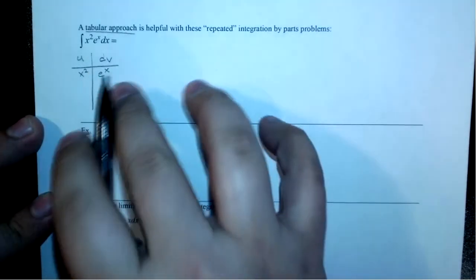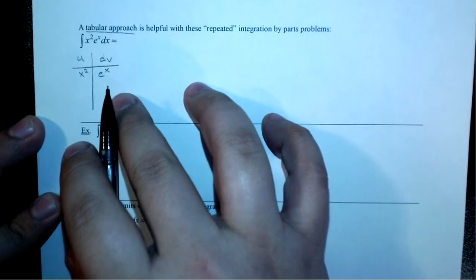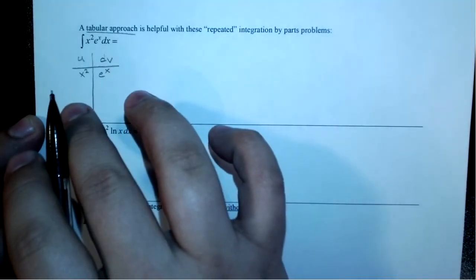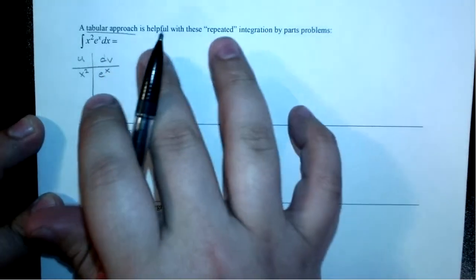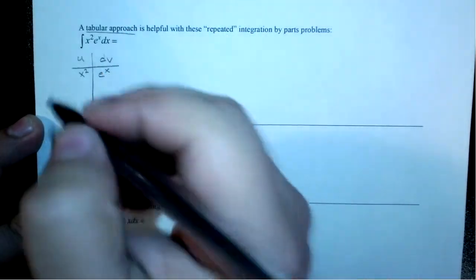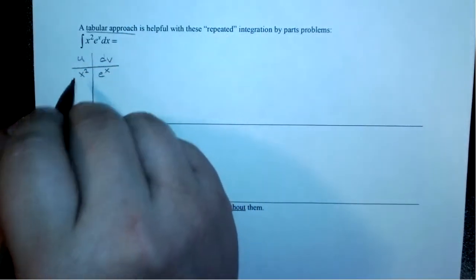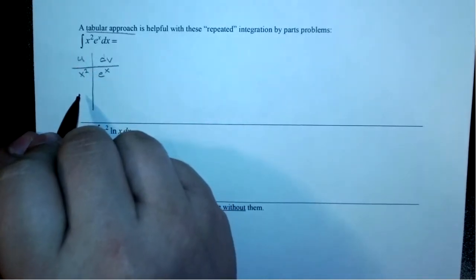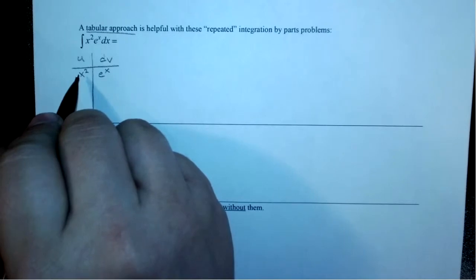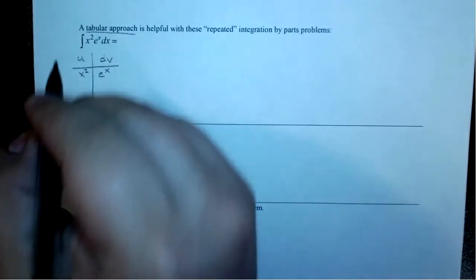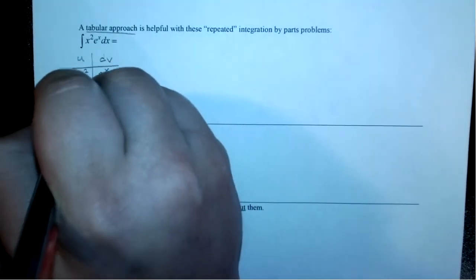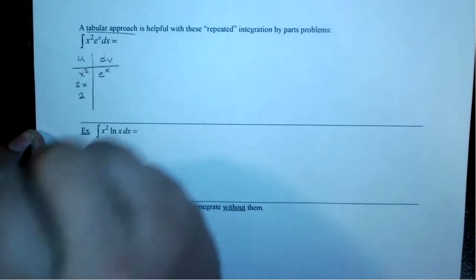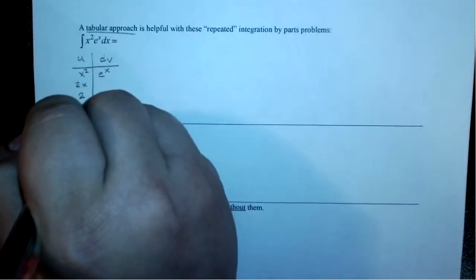So the tabular approach is nice because it organizes everything, and you find the answer a lot faster by just organizing it this way. So down the u column, you're just going to take the derivative of your polynomial until you get to 0. So the derivative of x squared is 2x, the derivative of 2x is 2, and the derivative of 2 is 0.